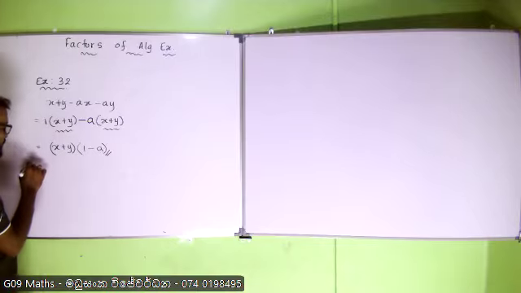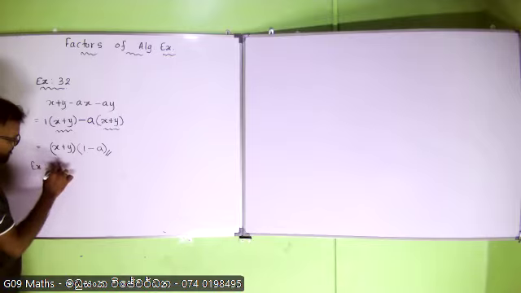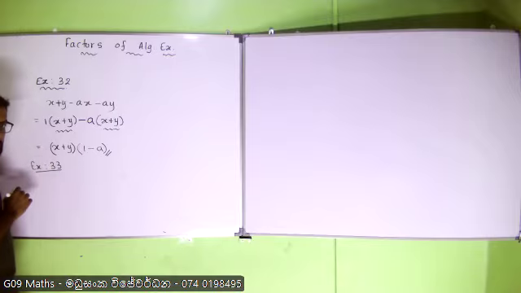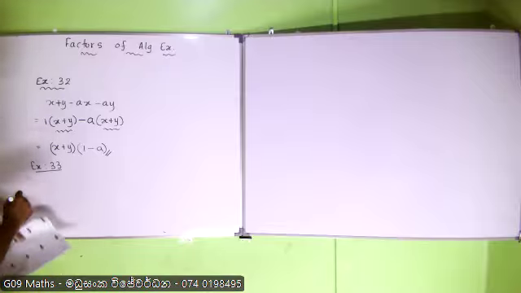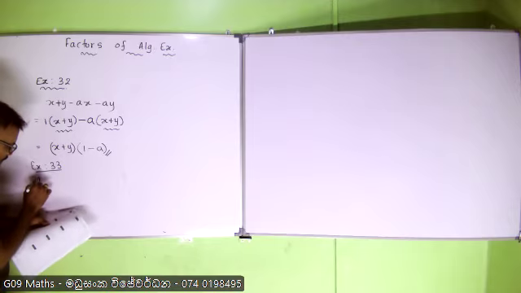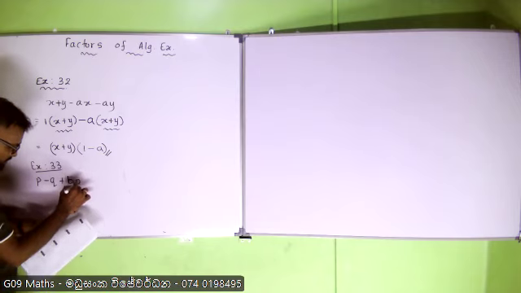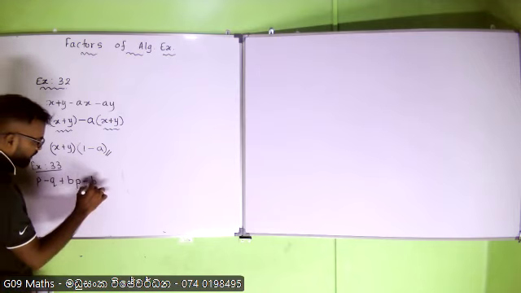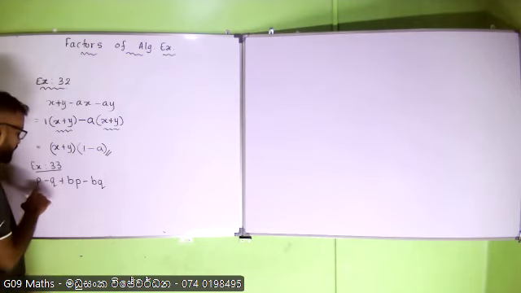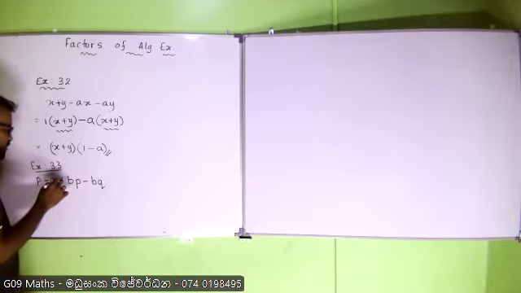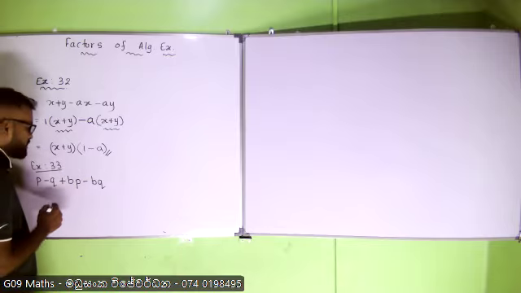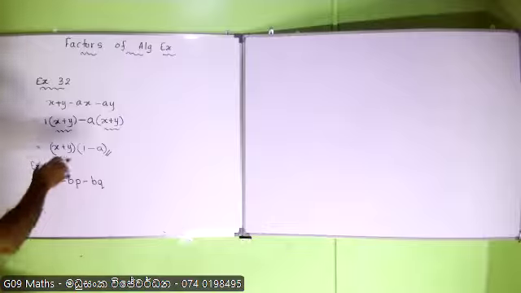And example number 33. Here I told you to correct it: p minus q plus bp minus bq. Same as previous.